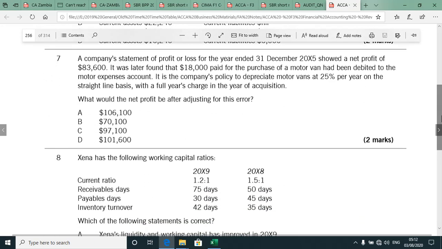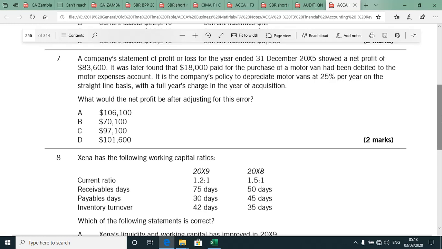Question number 7 says the company's statement of profit or loss for the year ended showed a net profit of 83,600. It was later found that 18,000 paid for the purchase of a motor van has been debited to the motor expense account, and it is the company's policy to depreciate motor vans at 25% per year on the straight line basis with the full year's charge in the year of acquisition.